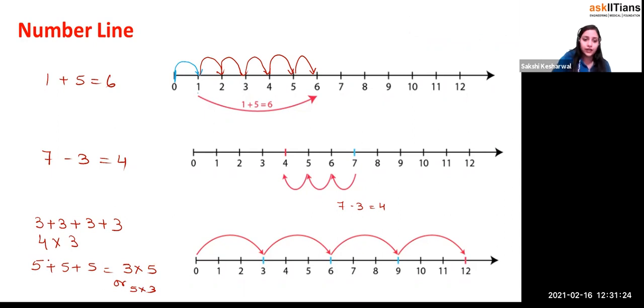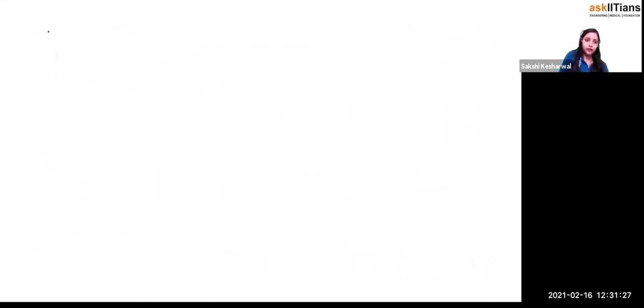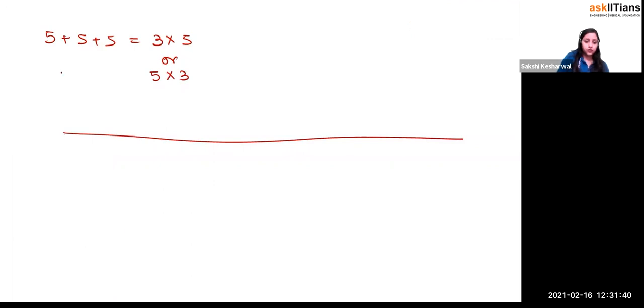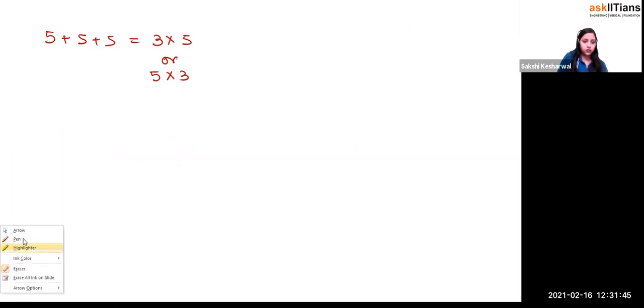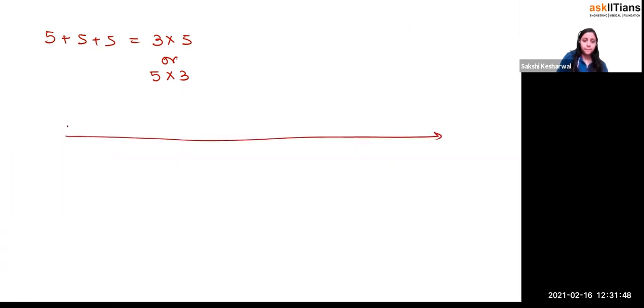So we can do this example right now. If I write 5 plus 5 plus 5, which is equal to what, beta? 3 into 5, right? Or I can write this as 5 into 3. So let's take a number line, right? If you're going to draw this on a number line, wait a minute. Okay. So this is 0, 1, 2, 3, 4, 5, 6, 7, 8, 9, 10, 11, 12, 13, 14, and 15, right?